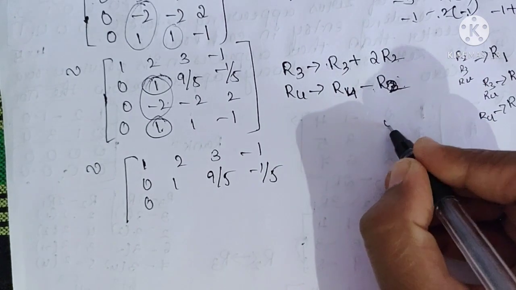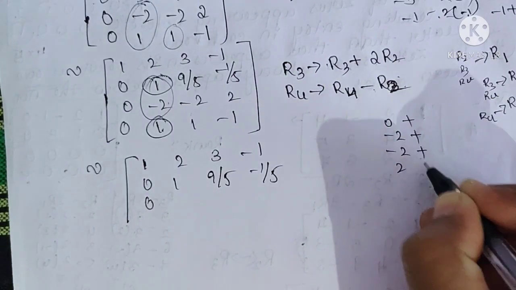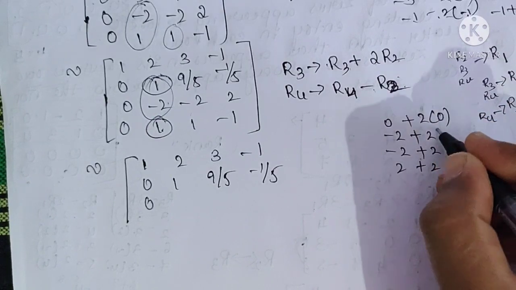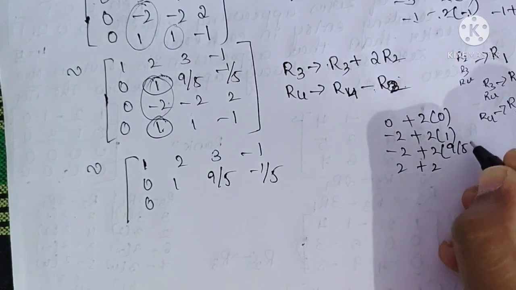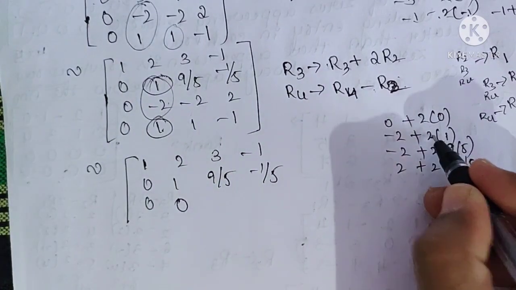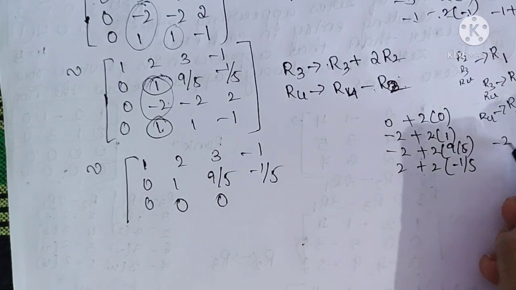R3 elements are 0 minus 2 minus 2 2 plus 2 into R2. Corresponding R2 elements are 0 1 9 by 5 minus 1 by 5. First element is 0. 2 ones are 2, 2 plus minus 2 is 0. Minus 2 plus 9 2s are 18, 18 by 5.